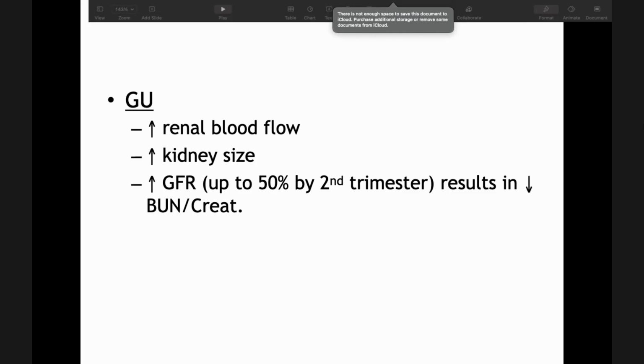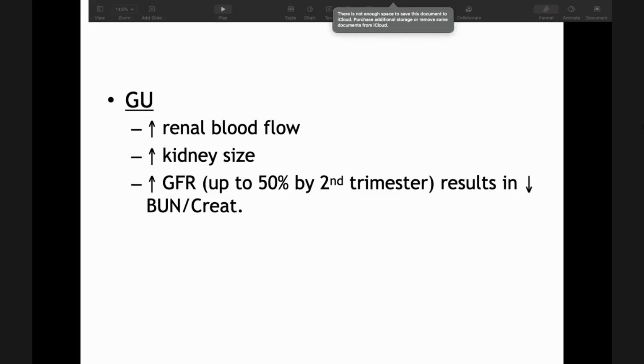This will matter when we do interpretations, whenever we do blood tests or urine tests. Parameters will change. They are not according to the values in non-pregnant adults, so this will slightly differ.